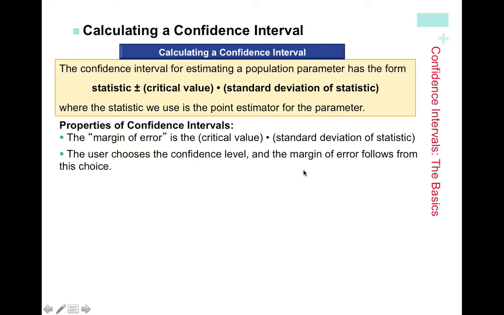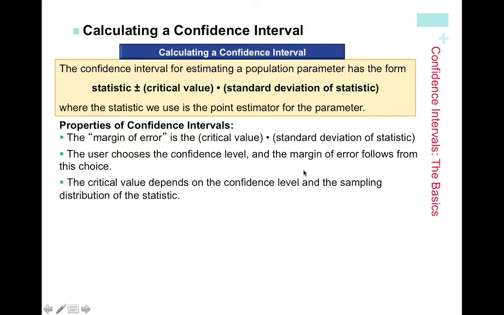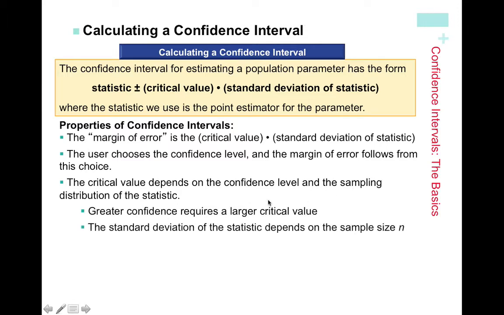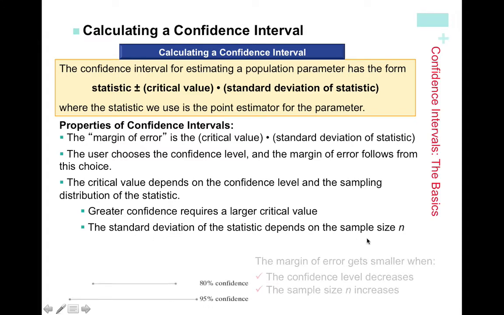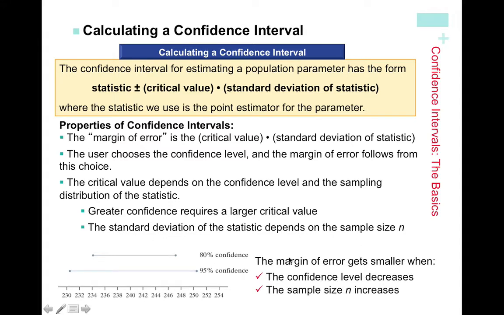You decide the confidence level, or the problem does. The critical value is dependent on the confidence level. If you want to be more confident, you require a larger critical value. The standard deviation depends on the sample size. The margin of error, so the intervals, are going to be smaller if your confidence level decreases, or they're going to get smaller if your sample size increases.